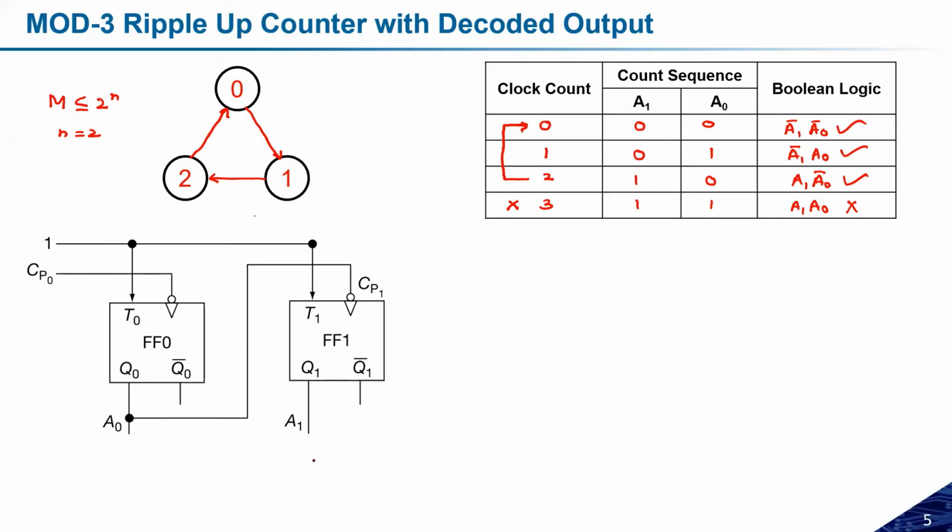I just told you the reset signal will play a major role in this case. Here a1 a0 being 1 1 is the undesirable case. If both are 1 1, then the flip-flops should be cleared, both flip-flops should be cleared. So we can simply AND them, because a1 a0 bar is there.